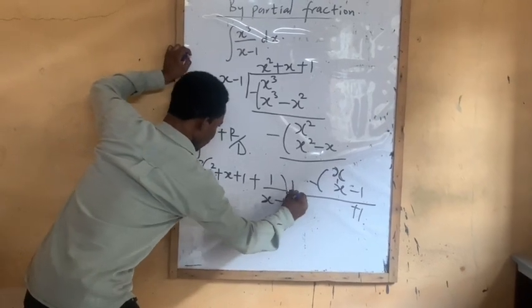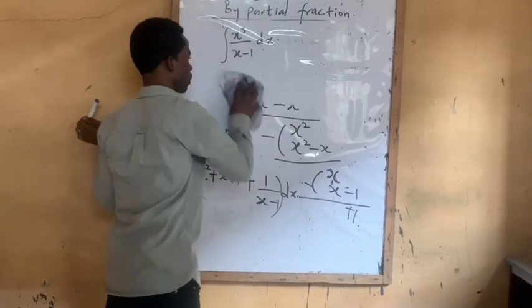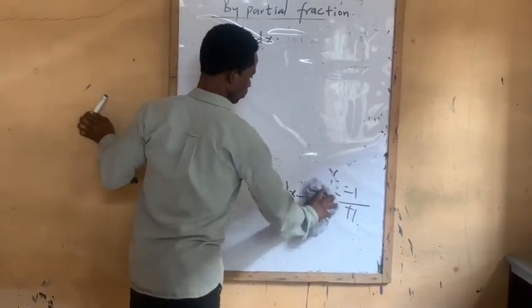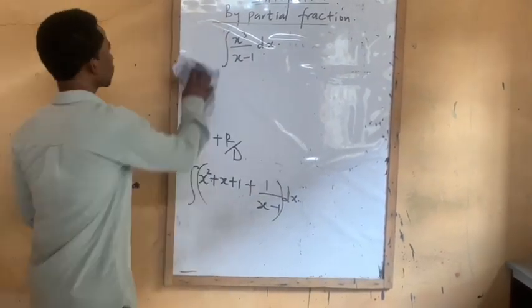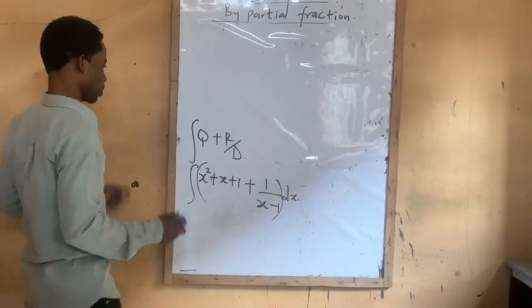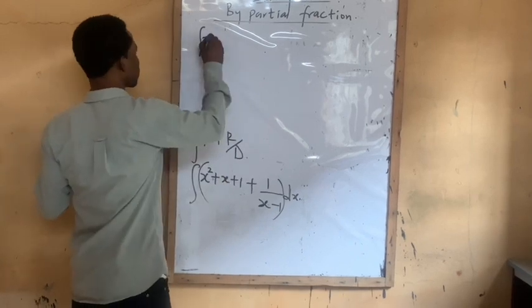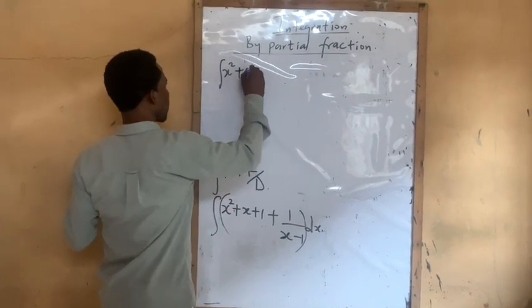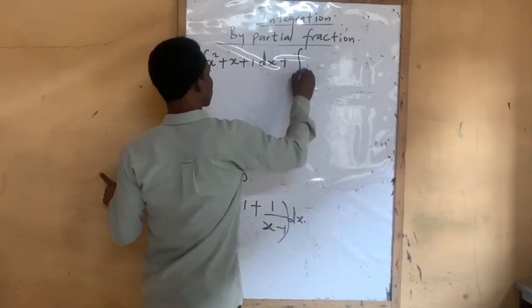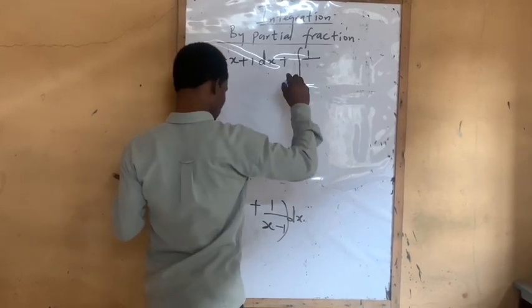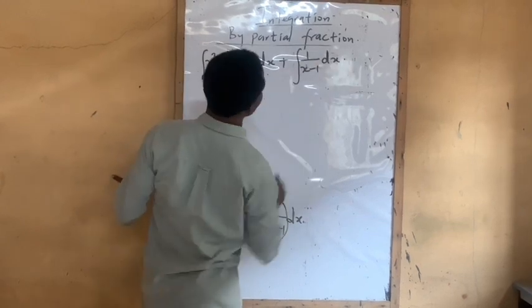All dx. So you can just say integral of x squared plus x plus 1 dx plus integral of 1 all over x minus 1 dx.